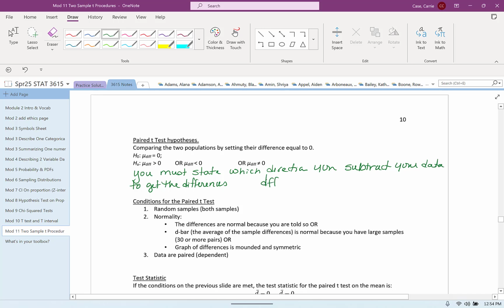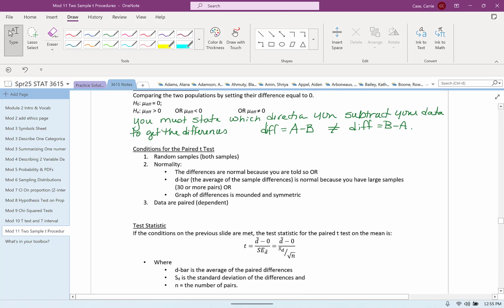Differences, DIFF, of A minus B is not equal to the differences of B minus A. So order doesn't matter when you're doing the not equal to test, but it does matter when it's greater than or less than. So just always get in the habit of writing down which way you've subtracted and using the same direction you write your hypotheses in.